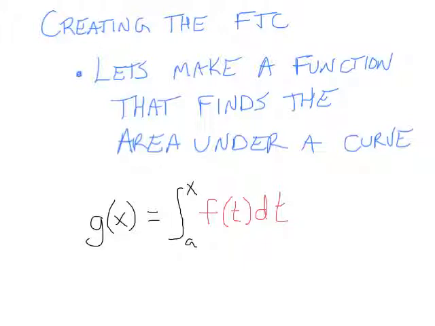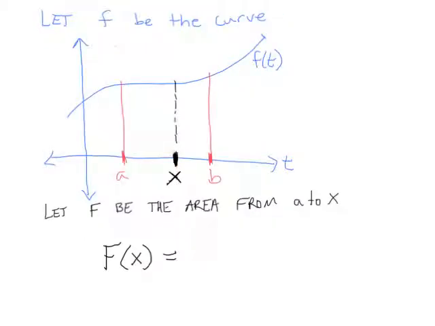On the next page I've got a diagram of this, so let's take a look. We're defining the curve as f, and we have some area underneath it. We're going to let the curve be continuous on the interval from a to b. To define the area, we're interested in the area from a to x. So I've created this arbitrary point between a and b, which I'll call x. On this page I called it capital F of x.